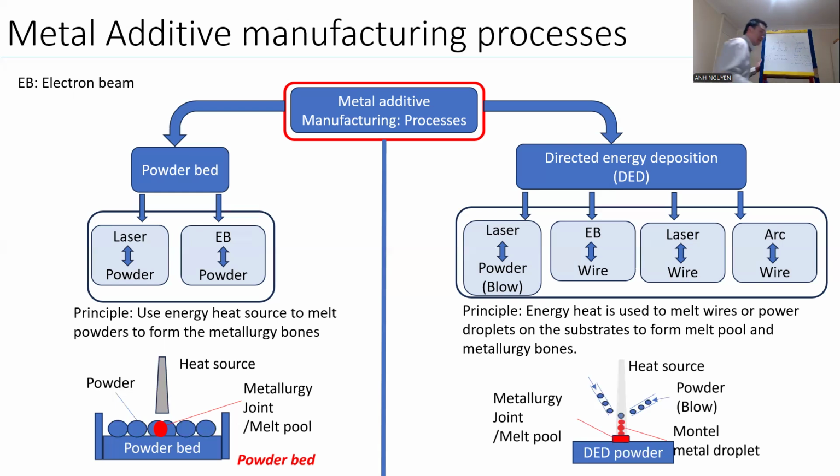However, we have to understand that the powder in this process is different from the powder in powder bed. In the DED process, the powder is blown powder, and the powder in powder bed is located on the bed.